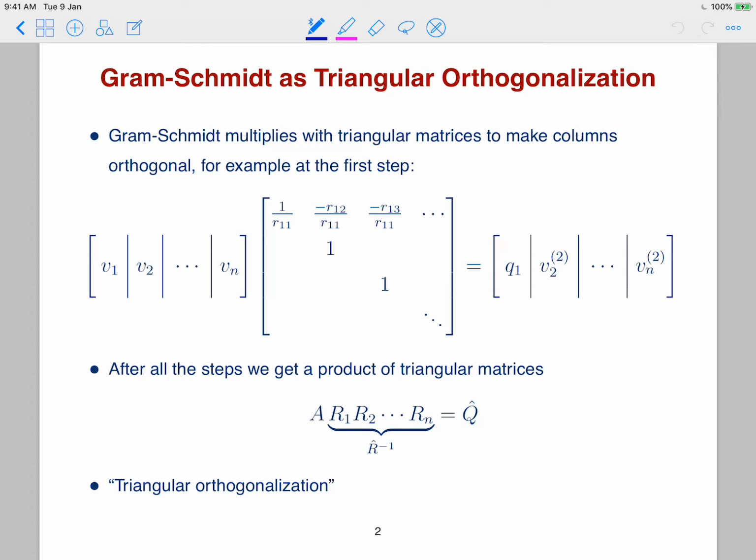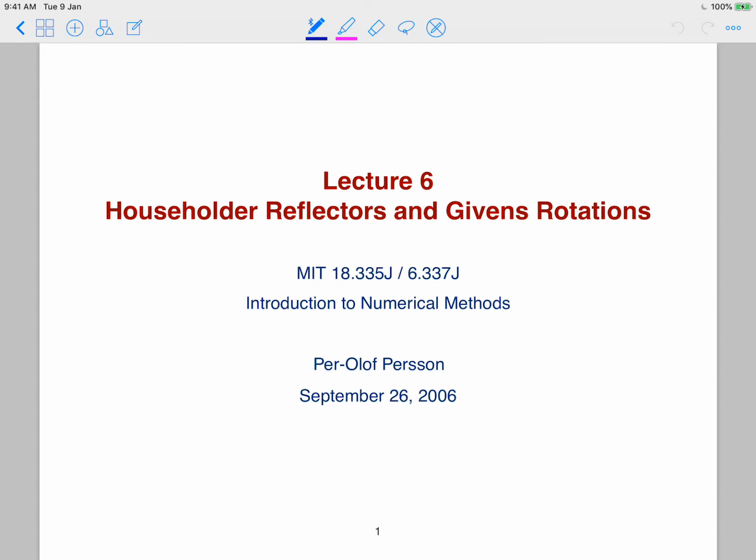And then the remaining vector is obtained through this complementary projection, by subtracting the projected part from the original vector, right? So the main operation is this orthogonal projection done in the Gram-Schmidt process. But in order to compute this QR decomposition, we can also utilize some other operations called reflection and rotation.